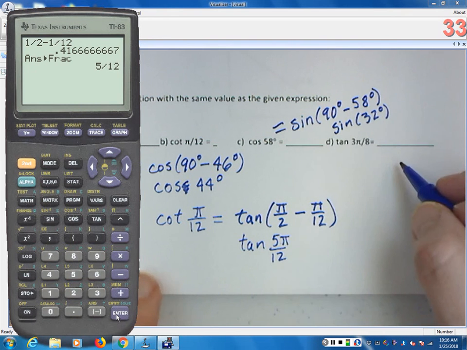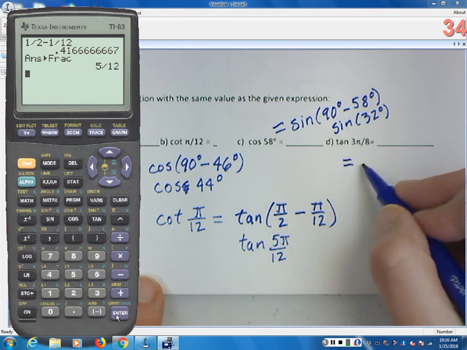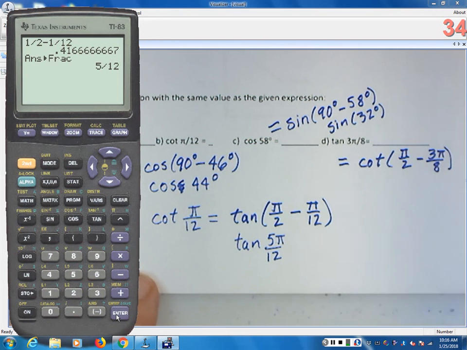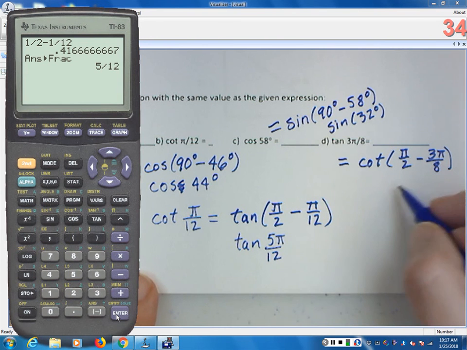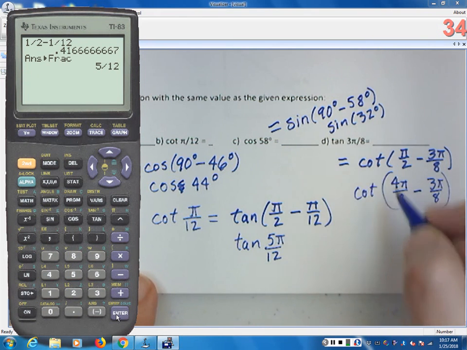And tangent of 3 pi over 8 is going to be cotangent of pi over 2 minus 3 pi over 8. You can do 1/2 minus 3/8 in your calculator, or you can write it as 4 pi over 8 minus 3 pi over 8. You get cotangent of pi over 8.